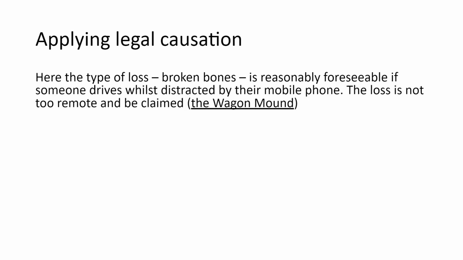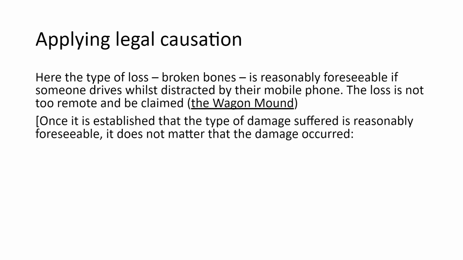So if we think about our scenario, always say the type of loss and identify it in a scenario. Here, broken bones or personal injury is reasonably foreseeable if someone drives whilst distracted by their mobile phone. So the loss is not too remote and can be claimed, and The Wagon Mound is the legal authority for legal causation.